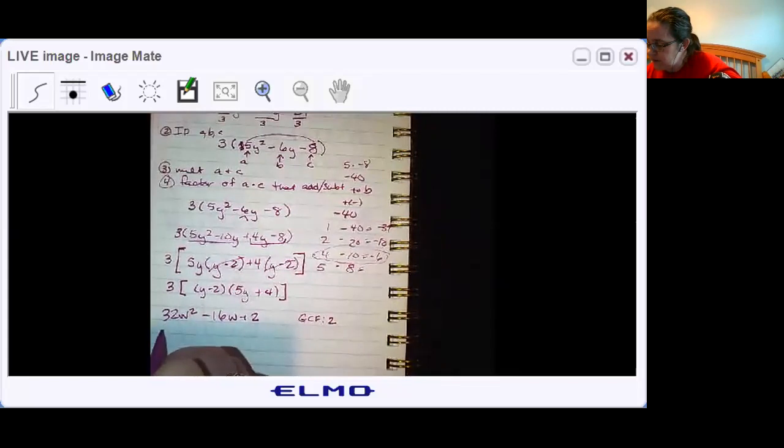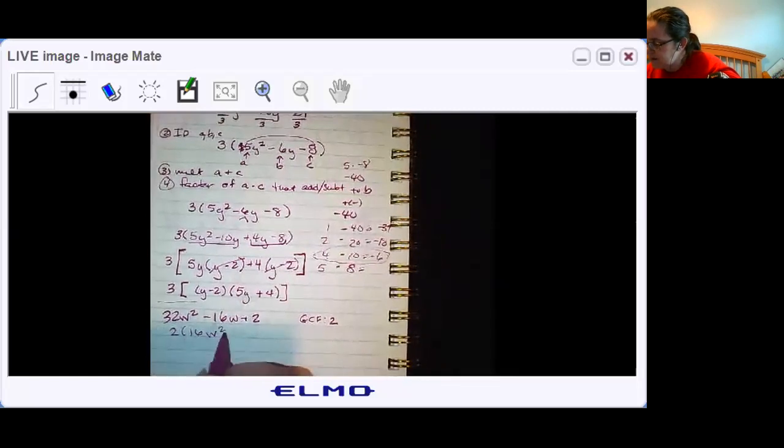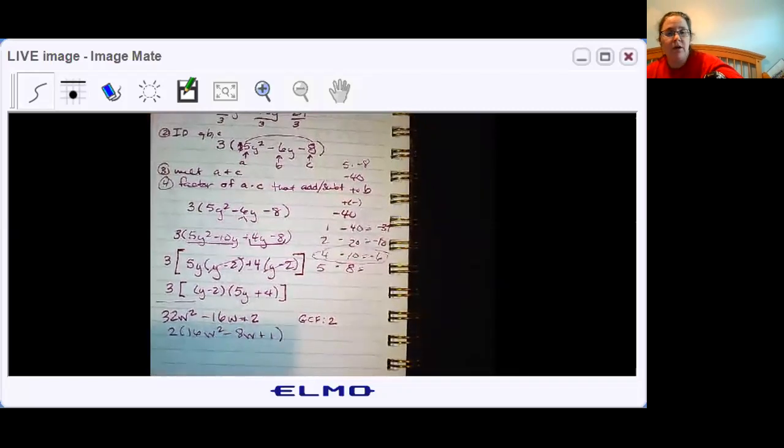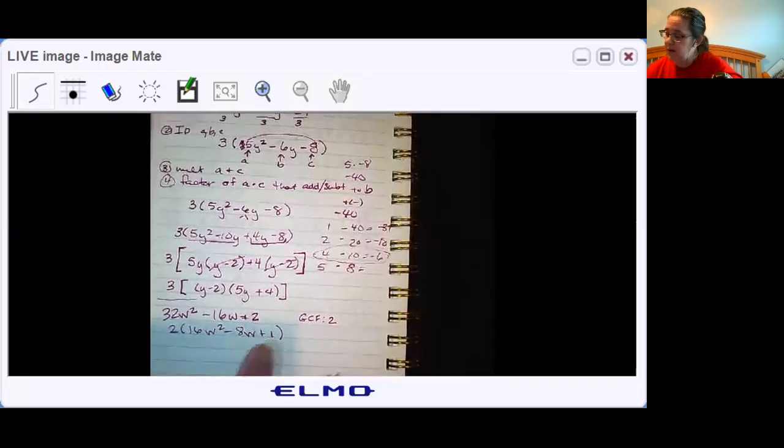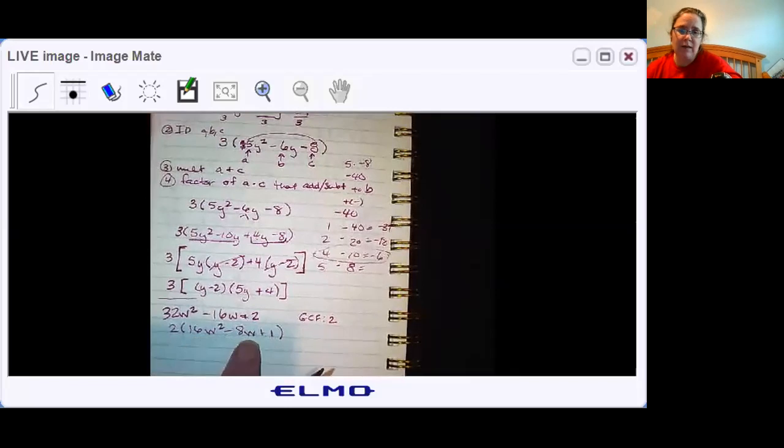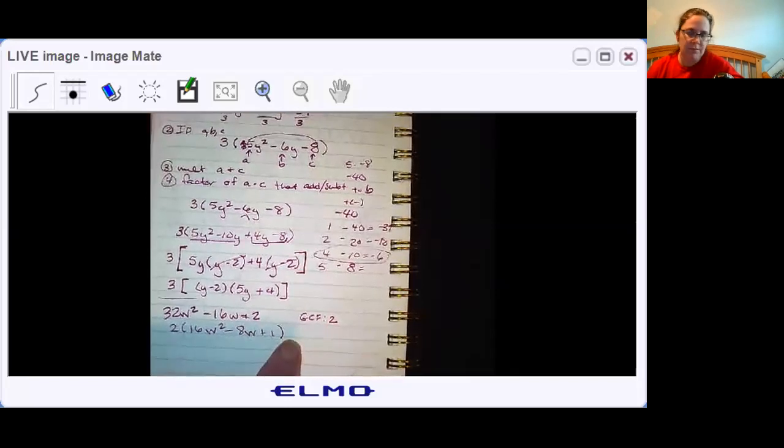If I take the 2 out, 32 divided by 2 is 16. 16 divided by 2 is 8. And 2 divided by 2 is 1. So there we go. I've taken the 2 out, and here is what I have left behind. Is there a GCF here? Maybe with 16 and 8, but with 1 thrown in there, we don't have one.